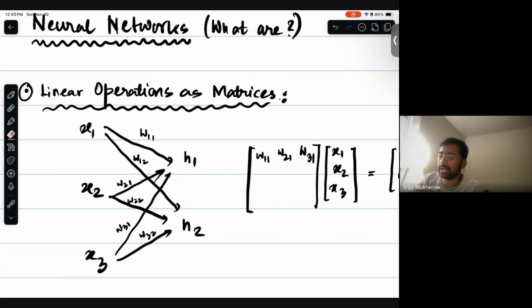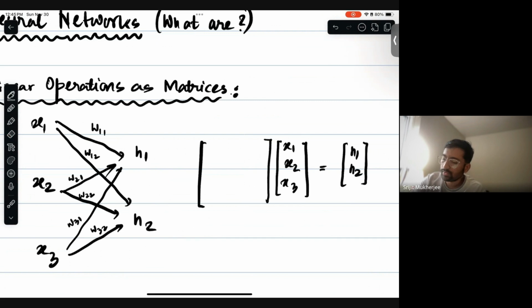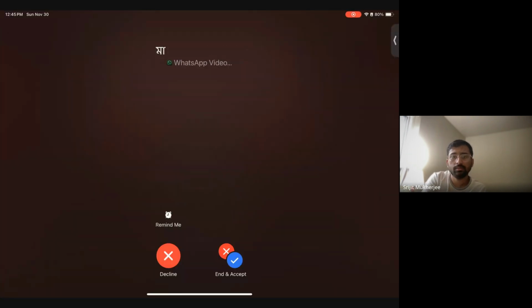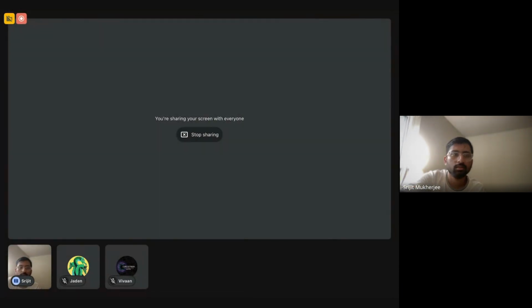Because in a matrix, the first index is for the row and the second index j is for the column.